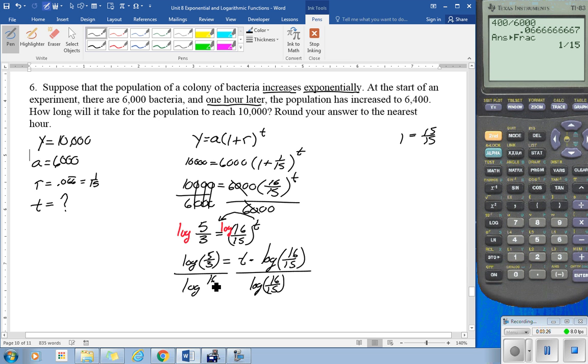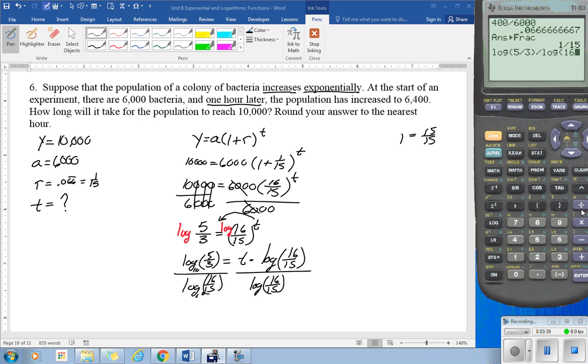We get log of 5/3 divided by log of 16/15. These can be typed in. Remember, these are the common log, which are just base 10. That's what our calculator works with here. So let's type this in: log of 5/3 divided by log of 16/15. This is great. We used all fractions here, so there's no rounding error, no possibility of getting some value that's just a little bit too far off.